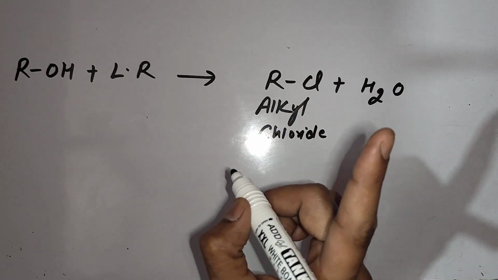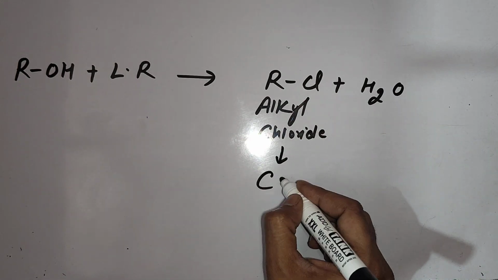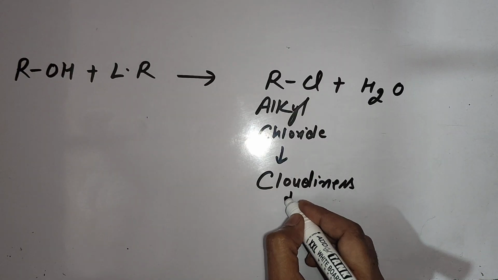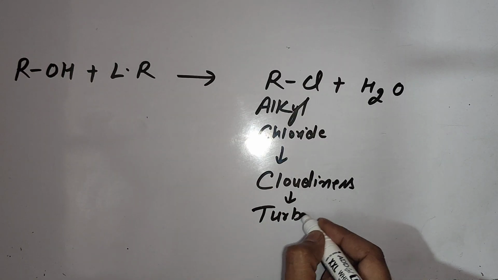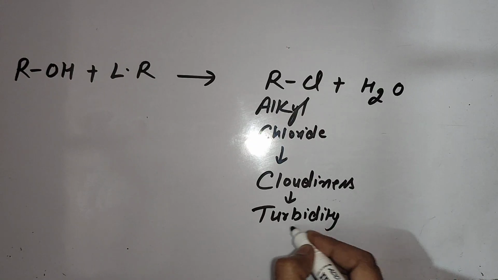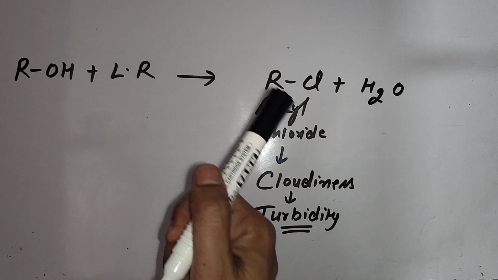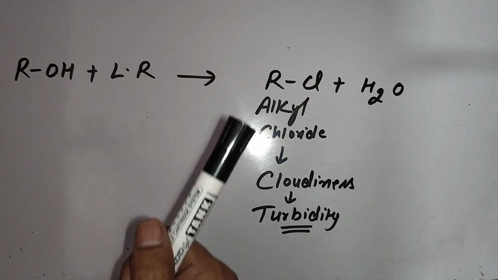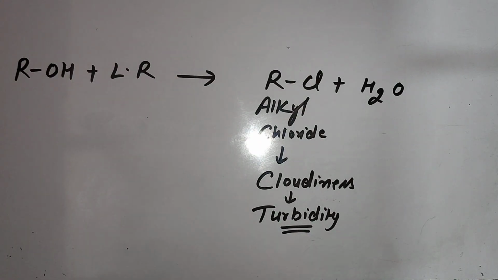These alkyl chlorides which will develop will create cloudiness in test tube, which is also known as turbidity. Now, on the basis of timing for the generation of turbidity, 1 degree, 2 degree, 3 degree alcohols are decided. Let's check.